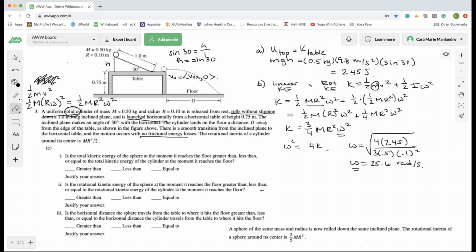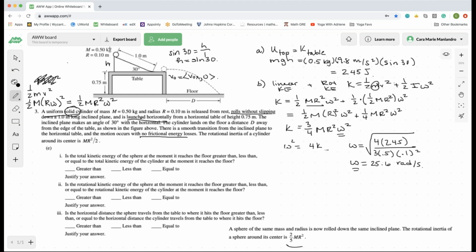All right, so part E, it's looking at this piece of the question here. A sphere of the same mass and radius is now rolled instead of a cylinder. The rotational inertia is this thing. Is the total kinetic energy of the sphere at the moment it reaches the floor greater than, less than, or equal to? So this should be a layup.